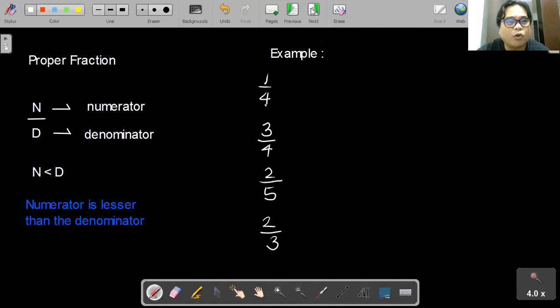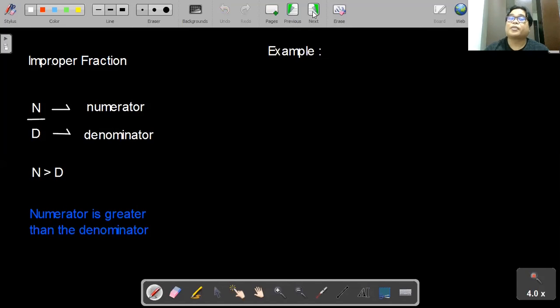Our next form is the improper fraction. Okay, what makes the difference? What makes improper fraction different from the proper fraction is when the numerator is greater than the denominator, you call it improper fraction, meaning when the number at the top is greater in value compared to the number at the bottom.